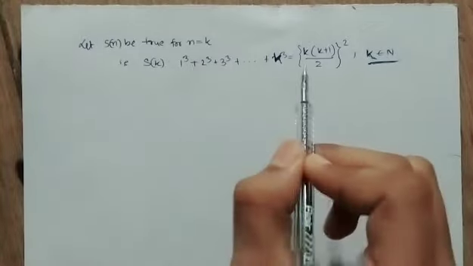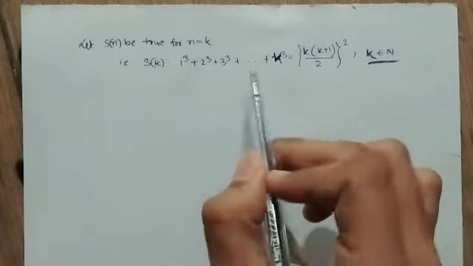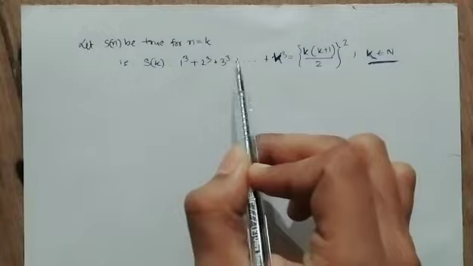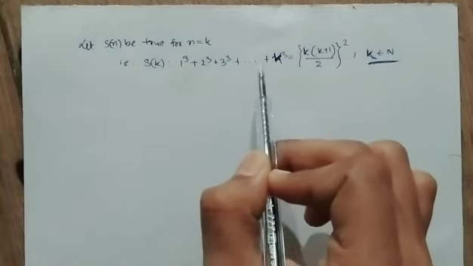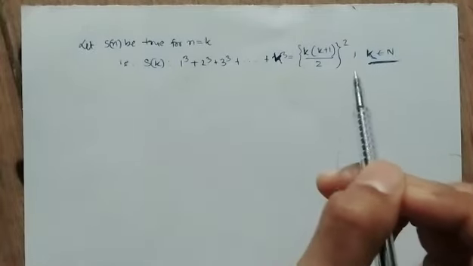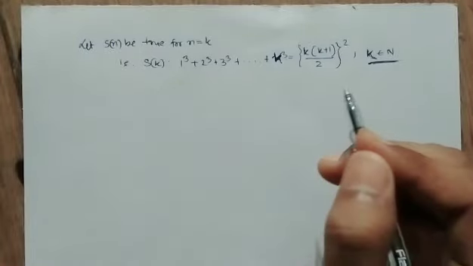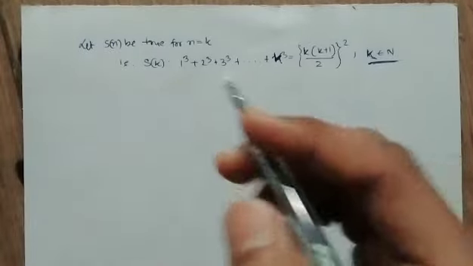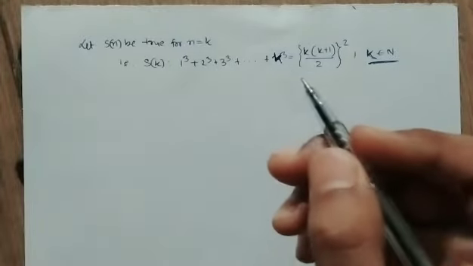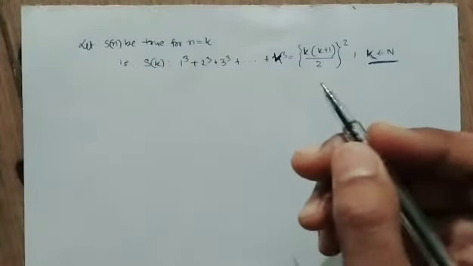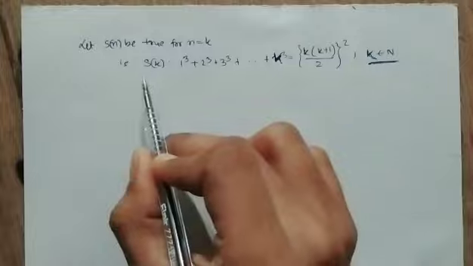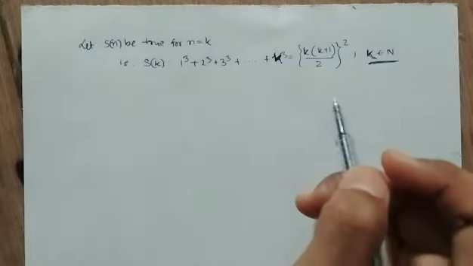If I ask what is the next term to 3 cube, it is 4 cube. What is the next term to 4 cube? It will be 5 cube. Likewise, what is the next term to k cube? It is k plus 1 cube. So you need to incorporate the term k plus 1 cube, so that this statement, which is now Sk, becomes Sk plus 1.